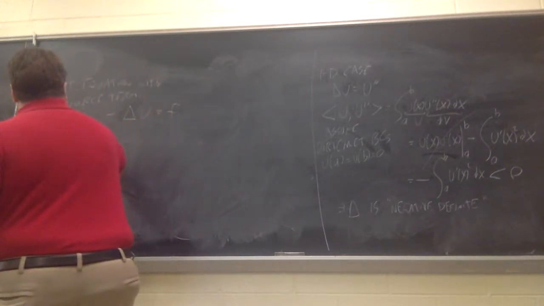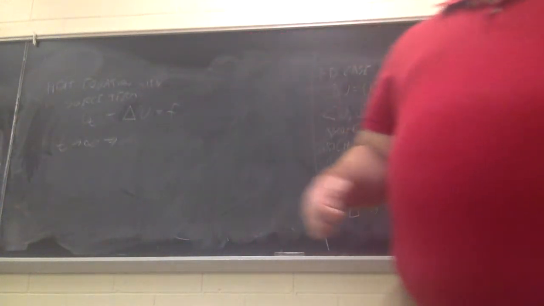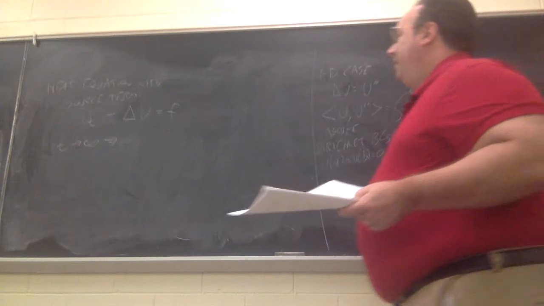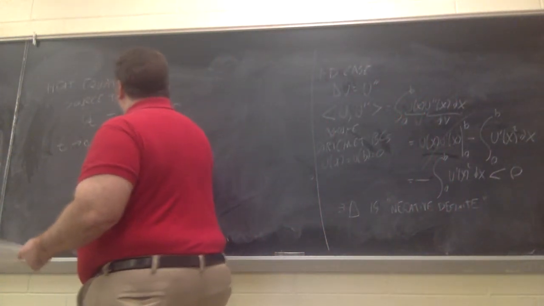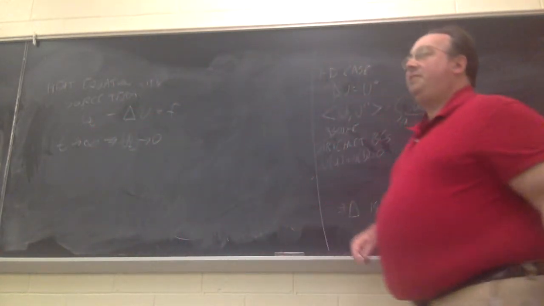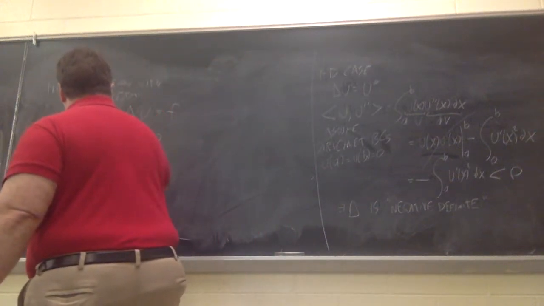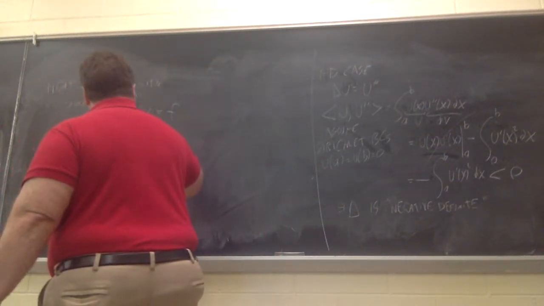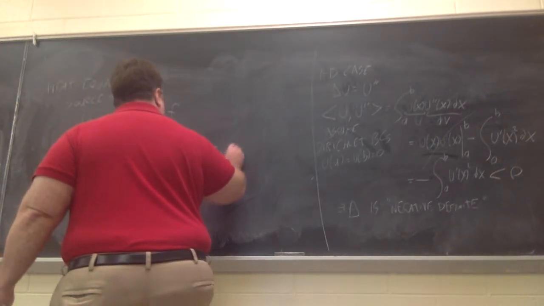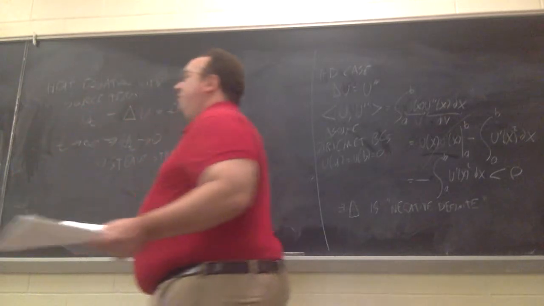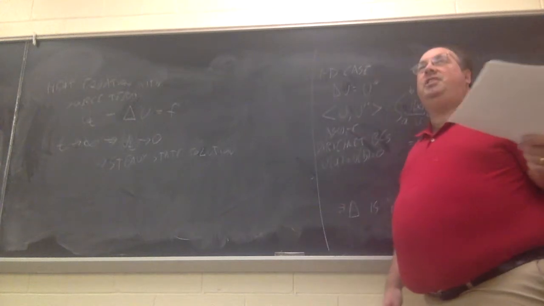As t goes to infinity, with heat energy, the solution will converge to something eventually. That means du/dt is going to 0. To understand the steady state solution, which is a very important concept in PDEs, to find the PDE for the steady state solution, you just assume that du/dt is 0.